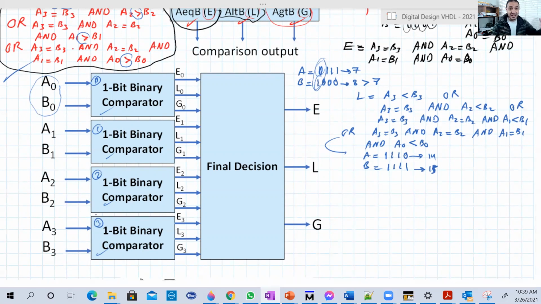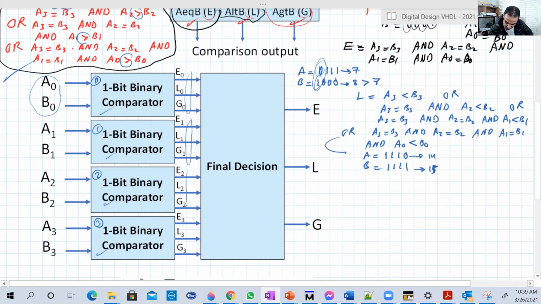The second one comparing A1 and B1. Third one A2 and B2. Fourth one comparing A3 and B3. Now here are the outputs. You have 3 outputs for the first one, another 3 outputs for the second one, another 3 outputs for the third one, another 3 outputs from the fourth one.